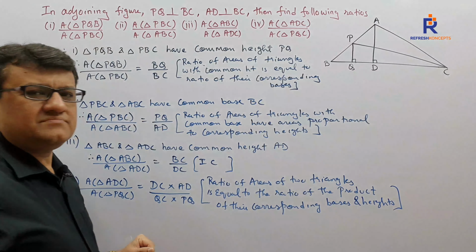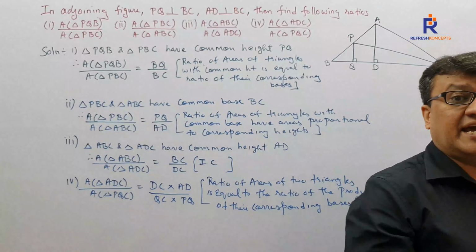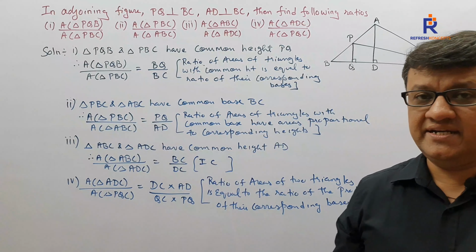Right, children? So this forms the base problem for our property 1, which has 4 types: 1A, 1B, 1C and 1D. Right?